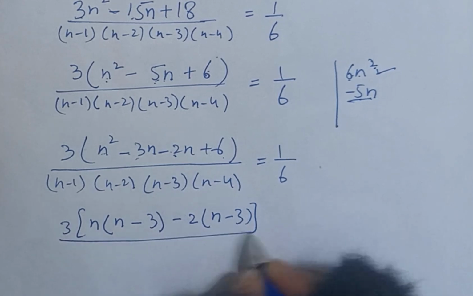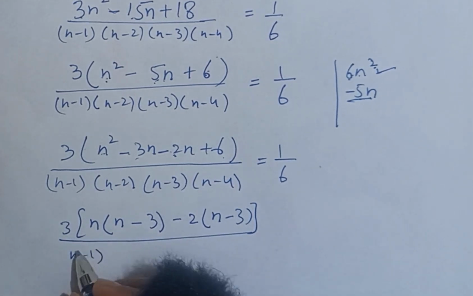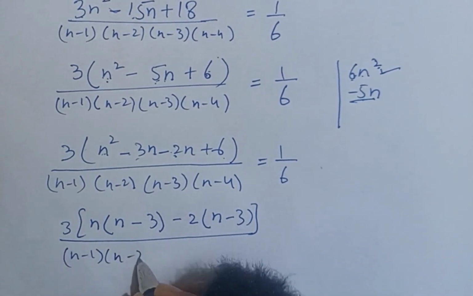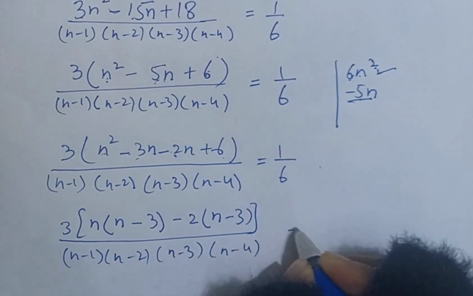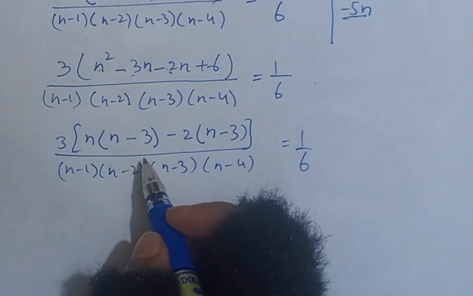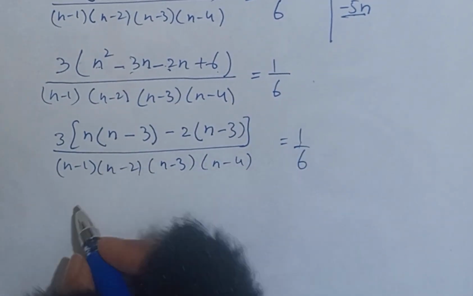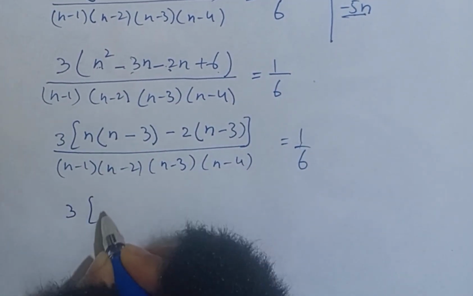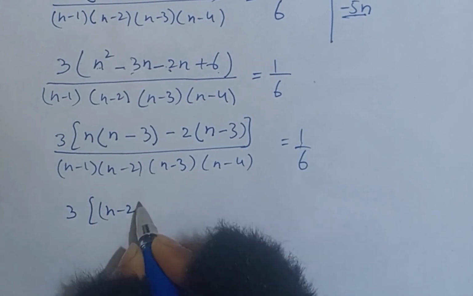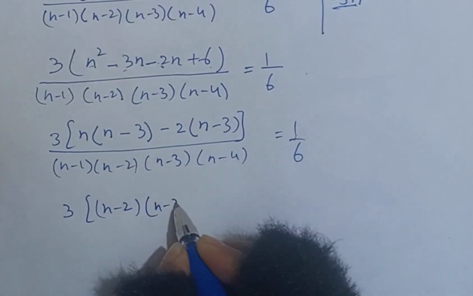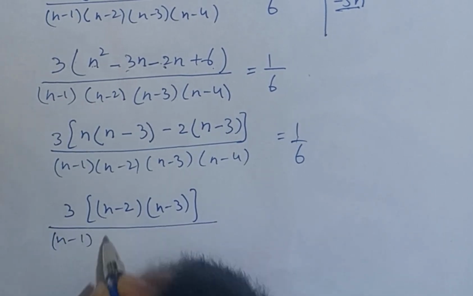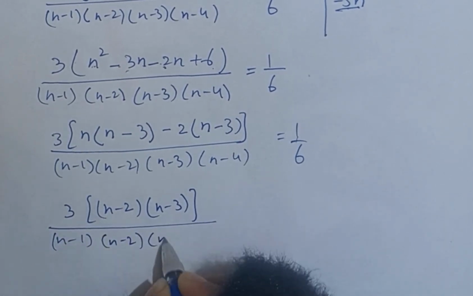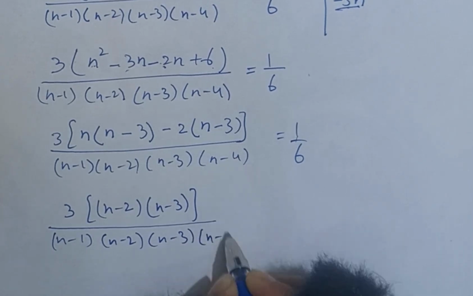And the denominator is (n minus 1)(n minus 2)(n minus 3)(n minus 4), equal to 1 over 6. And we can write the numerator as (n minus 2)(n minus 3), and the denominator is (n minus 1)(n minus 2)(n minus 3)(n minus 4).